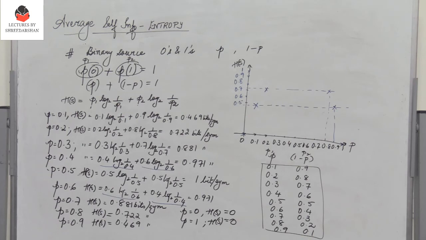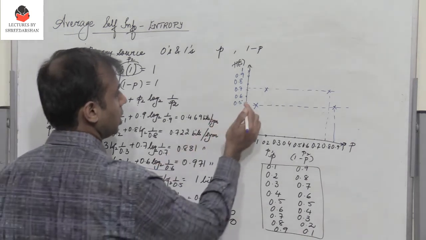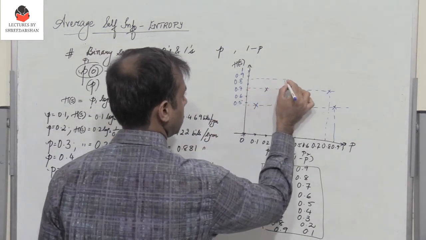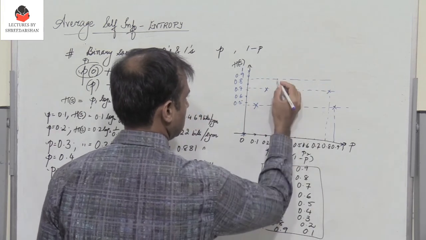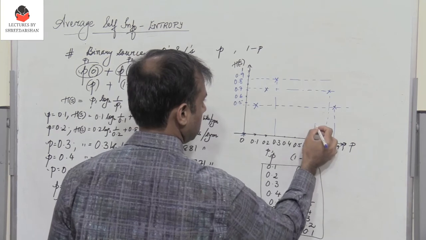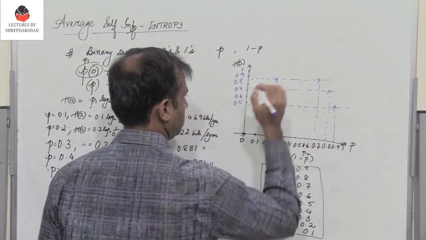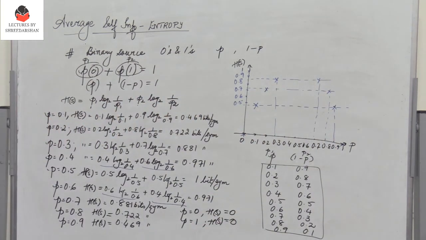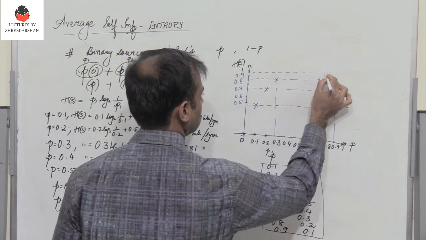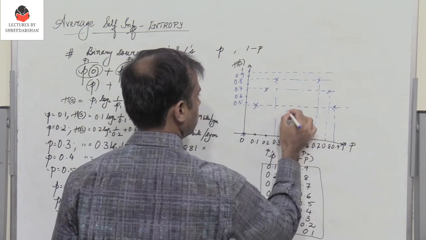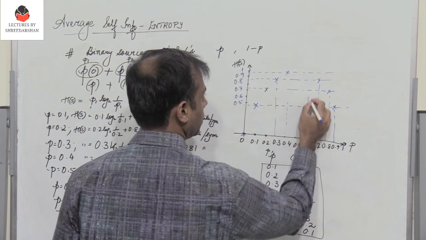Next, for P equal to 0.3 I have 0.881, very close to 0.9. So for 0.3 I get this value and I get this value. Next, for P equal to 0.4 it is 0.971, very close to 1. So 0.4, and again for 0.6.